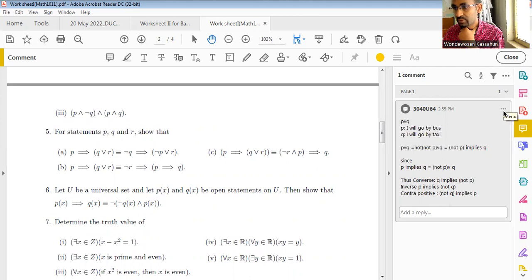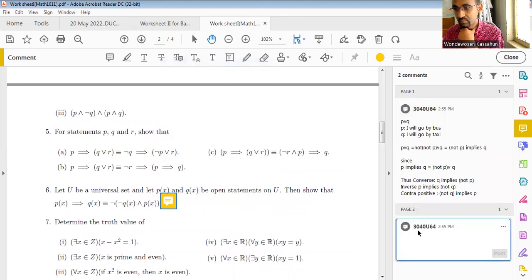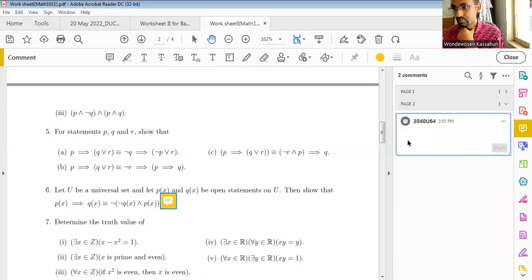So P of X implies Q of X. Okay, not Q of X. So by the properties of negation, not Q of X and P of X is not Q of X or not P of X. So not P of X or Q of X. Not Q of X or not P of X or Q of X means by the previous statement, P implies Q. So number 6 is correct.